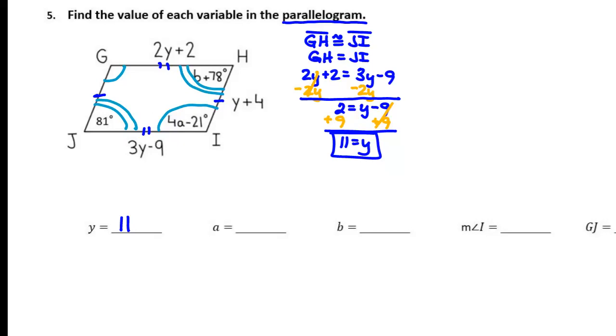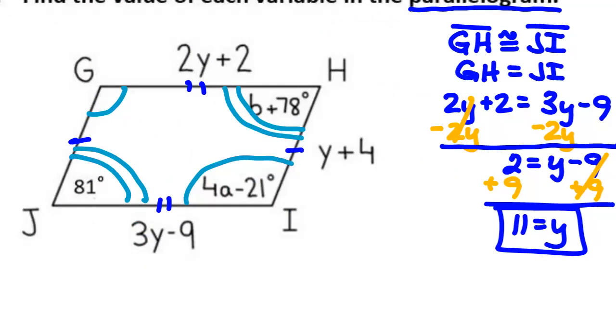Then we need to find A and B. Well, when I look here, I have only one A, and I don't know how big any of the angles are, except I do know this one. What's the relationship between this angle here and this 81? They are supplementary.